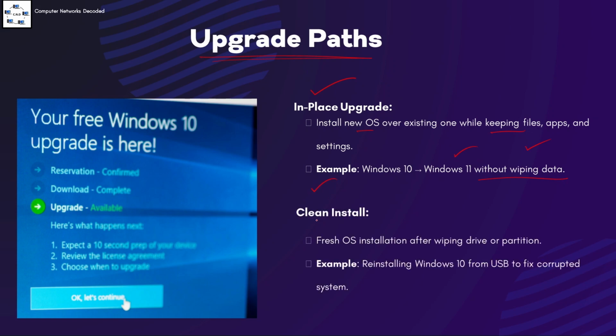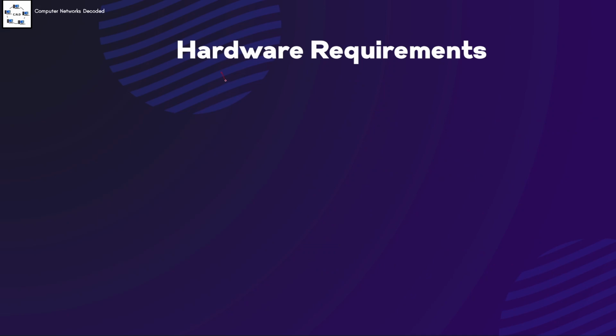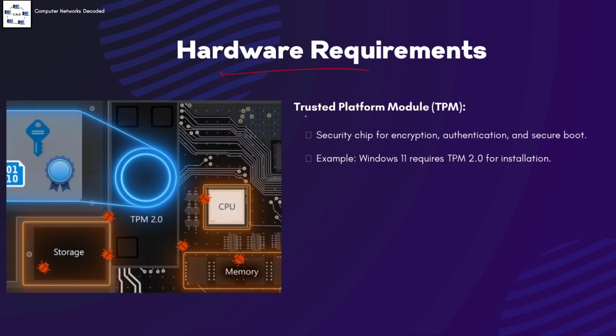Then we have the clean install, which is a fresh operating system installation after wiping or formatting the drive. Examples include reinstalling Windows 10 from a USB to fix a corrupted operating system. Some hardware requirements. So the Trusted Platform Module, or TPM chip.